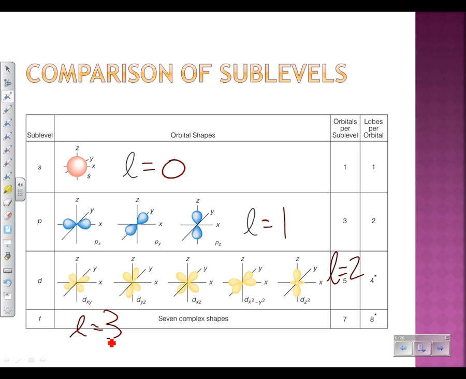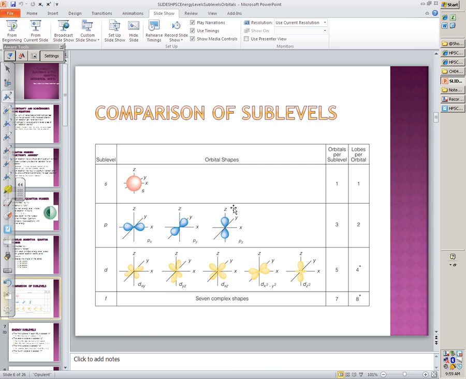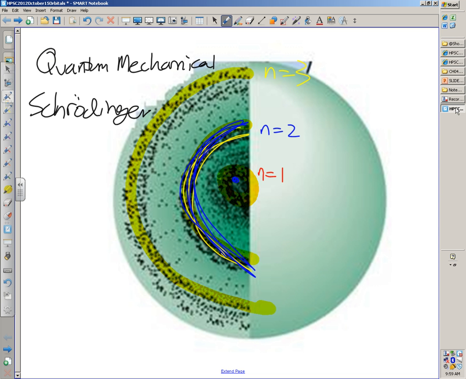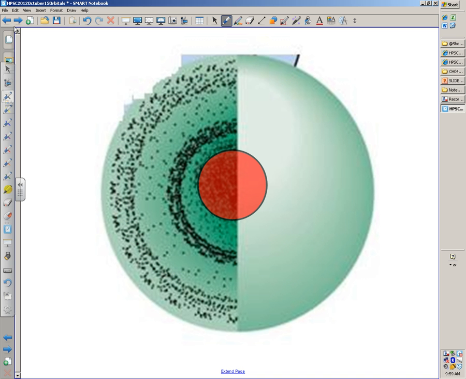Okay, good with that so far? Let's see how this all starts fitting together in our model of the atom. This red dot, or this red area, represents a sublevel, an area where electrons are likely to exist.